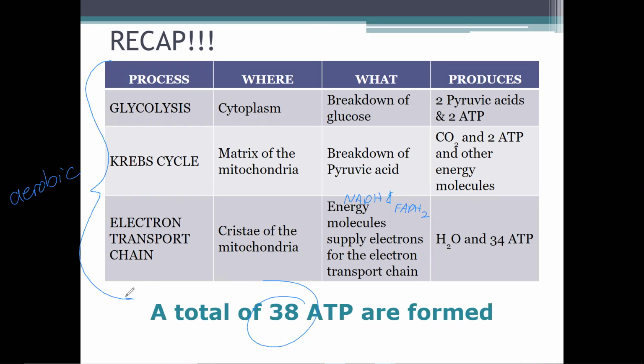If you are doing cellular respiration anaerobically, you're not doing this one. If it's anaerobic, you are not doing this. This electron transport chain only happens if cellular respiration is done aerobically in the presence of oxygen. So I'd like you to make sure that you know that, okay?